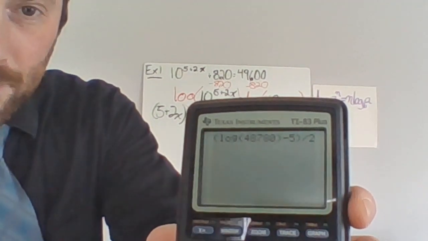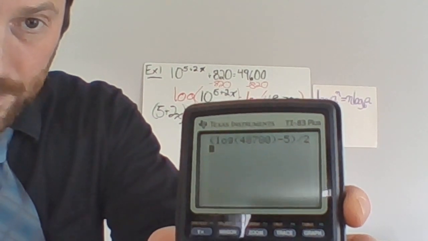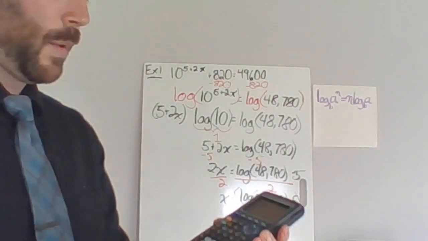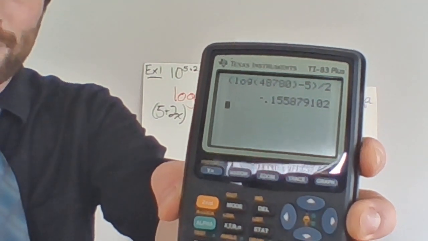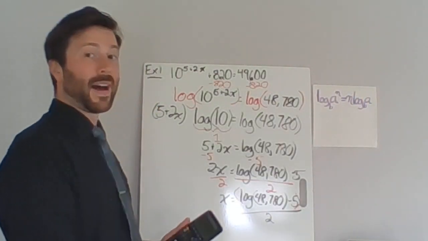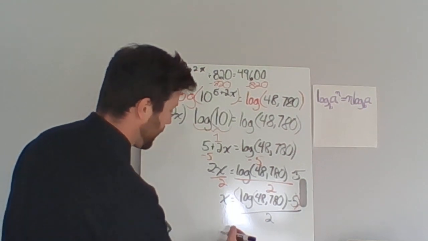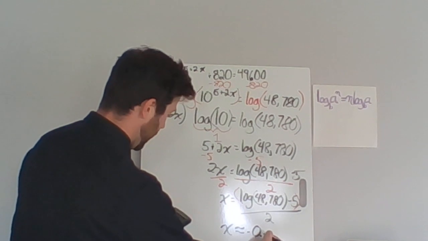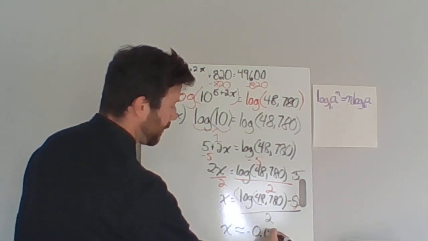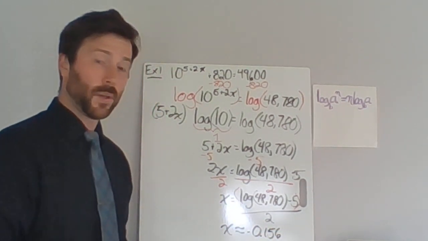When you type it all in, that's what it should look like. We press equals, and we get about negative 1.55. Actually, negative 1.56. Negative 0.156. And there we go.